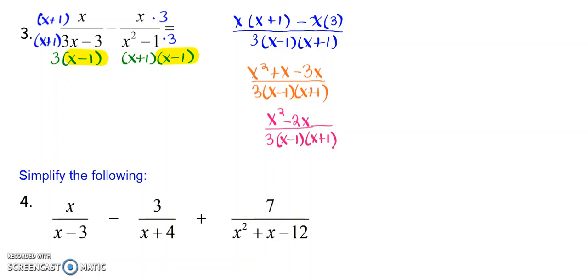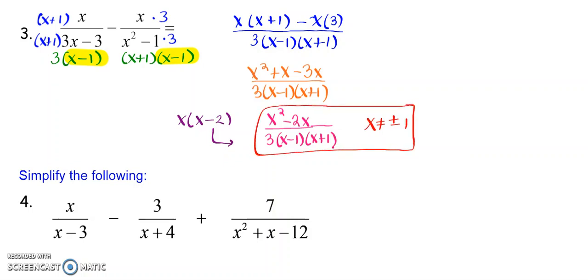Now, I can tell in that numerator, I can factor out an x. And then I have x minus 2. But is that going to help me simplify anything? No, it's not. So you can just leave it without factoring that numerator. If you do factor it, it's fine. Okay? But you can also leave it if you know that when you're going to factor it, nothing's going to cancel out.